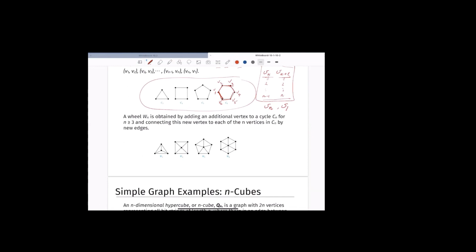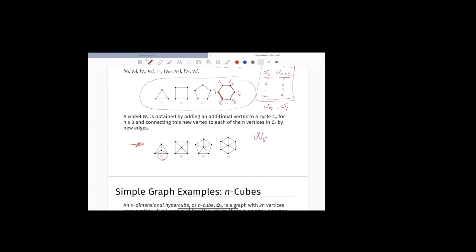How about another kind of graph? Let me give you a heads up. This is where people, for some reason, tend to lose a point or two on the quizzes, and please don't do it. There's no reason to lose a point here. We have a notion of a wheel graph on n vertices. W5 actually has 6 vertices, one more. How is the wheel graph constructed? The name wheel gives it away.